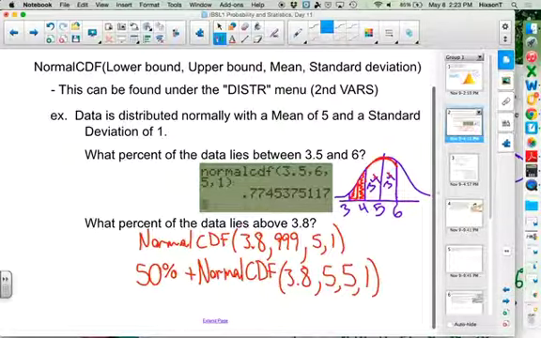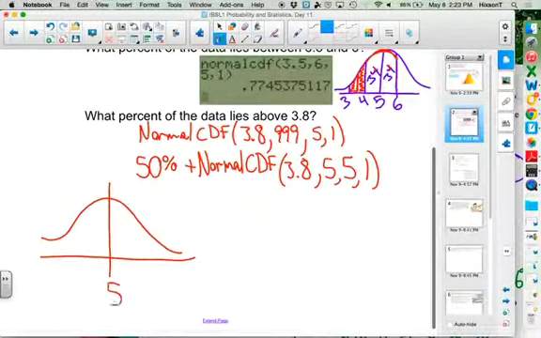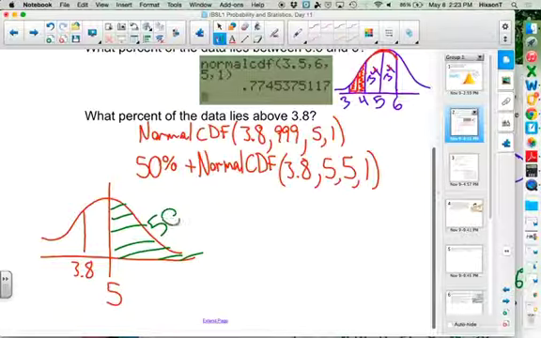Wait, what did you just say? How did you get 50%? What I did was this. I recognized that here's 5, here's 3.8, okay? I know from the fact that this is symmetrical, and this is the mean, that all of this is 50%.